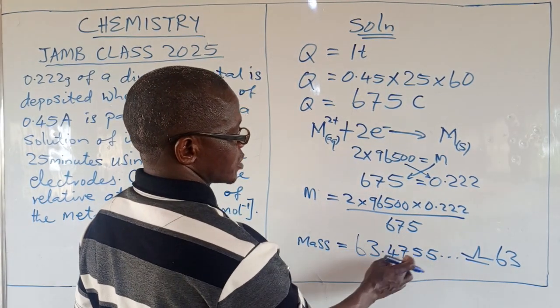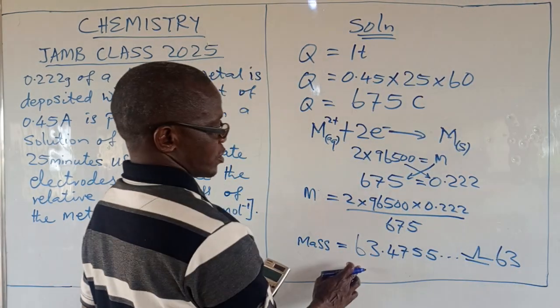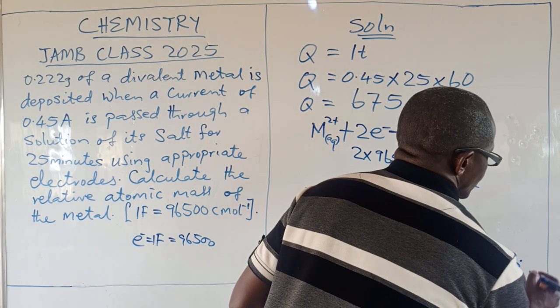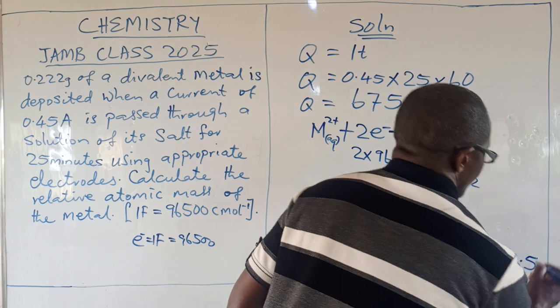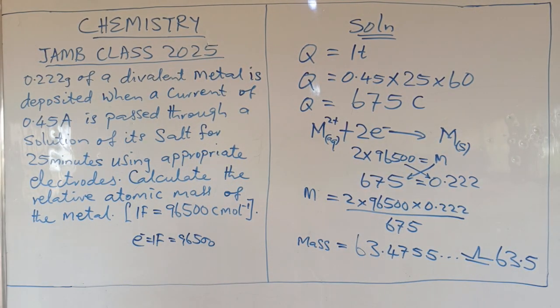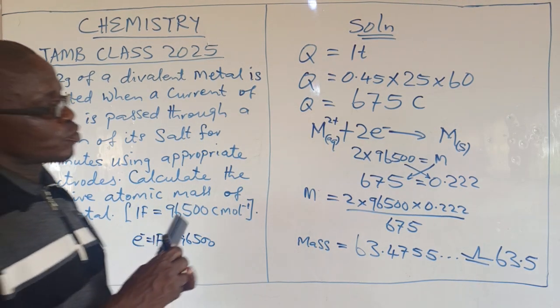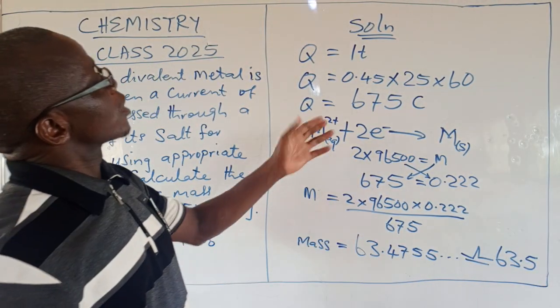Let me approximate this place to make this one 4. Oh, sorry, 5. So it will now be 63.5. That's the relative atomic mass of that element. So this was what I wanted you to calculate.